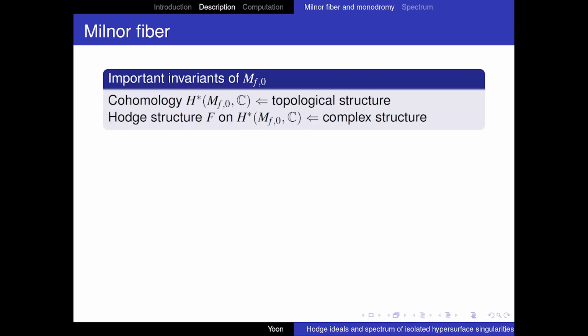We can find invariants of the singularity in terms of the Milnor fiber. So all the invariants from the Milnor fiber will be invariants of the singularity. The cohomology of such an example is the cohomology.